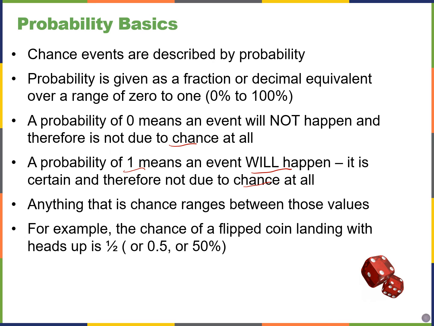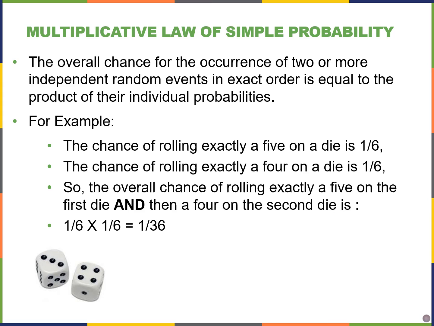Anything that's between 0 and 1 is a chance of happening, such as flipping a coin. There's a 50% chance that heads will be facing up. There are 2 basic rules we follow when we calculate probability for genetics problems. Whenever you see the word and, when 2 things have to be true in a certain order, we multiply. If you see the word or, then we're going to add.